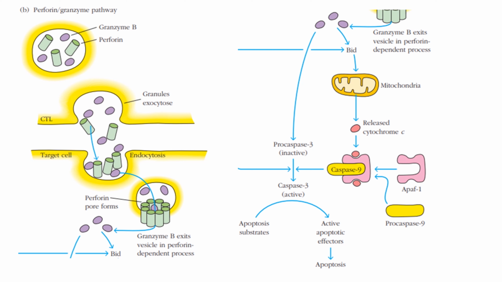Once granzyme B and perforin enter the target cell, they start signaling and create apoptosis of the cell. Through the perforin-dependent entry of granzyme B and its exit from the vesicle, BID is activated, and BID activates the mitochondria, which release cytochrome C. This binds to caspase 9 and APAF-1, and this activates pro-caspase 3 to caspase 3, and caspase 3 initiates the apoptosis, with apoptosis substrates, active apoptotic effectors and apoptosis of the cell.